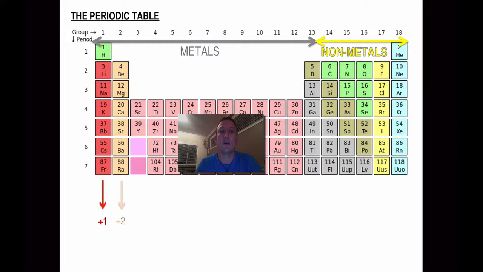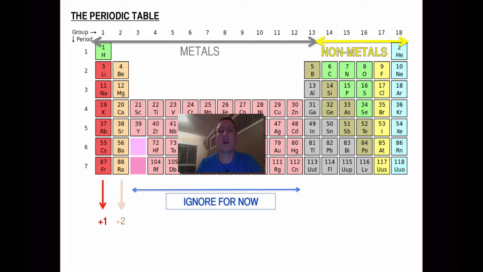In the second column, you can see they lose 2 electrons. So because they lose them, they become positively charged. They've lost 2 electrons, so the superscript will be 2+. For example, beryllium, Be2+, magnesium, Mg2+, calcium, Ca2+. These elements in the middle here are basically called the transition metals, and we will not deal with those at this point.